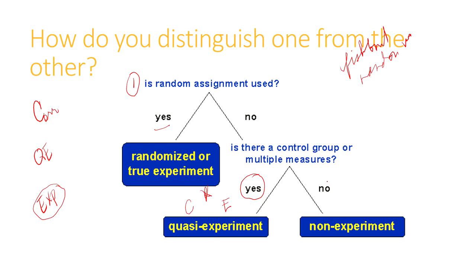If there is no control group, wala tayong control group, no, iisa lang yung grupo natin, then therefore it is non-experimental. By the way, dito sa quasi-experimental, pwede din nating ilagay dito yung correlation. Pwede tayo magkaroon ng two groups sa correlation. If there are no two groups, iisa lang yung group, one group, then it is non-experimental. Alright.